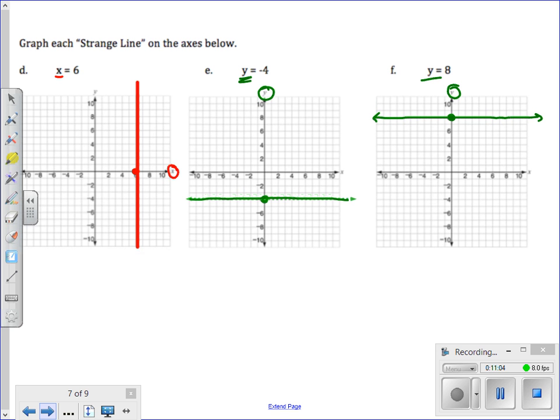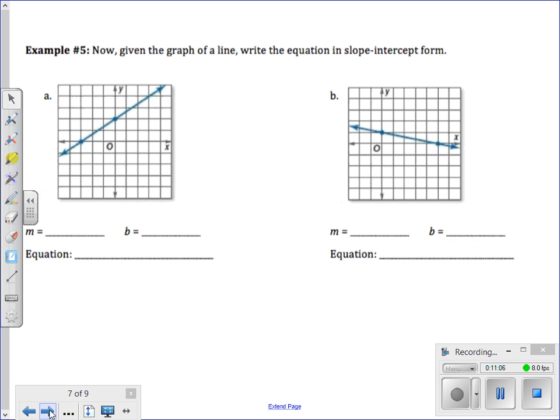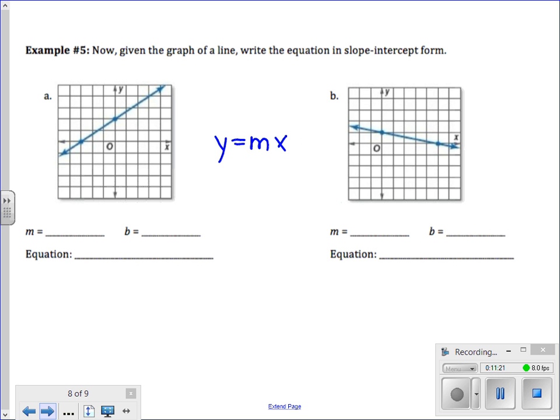All right, now these last examples don't have horizontal or vertical lines. They are just two examples of writing the equation of a line given the graph. So what we do this time, in order to write the equation in slope-intercept form, which is y equals mx plus b, is identify the m and b.